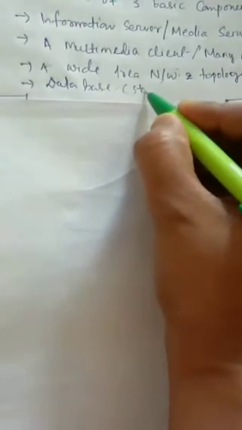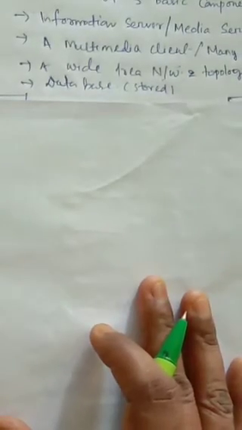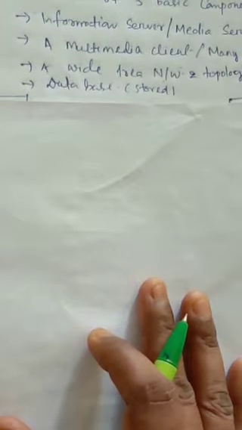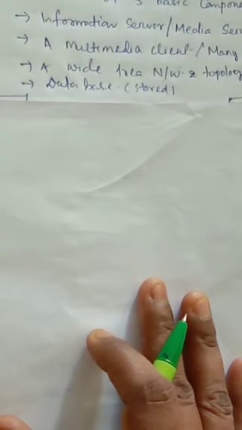Then a wide area network and the topology associated with that distributed multimedia system, and last one is the database where all data can be stored. So coming to the components in a brief manner, then we will discuss it in a whole.